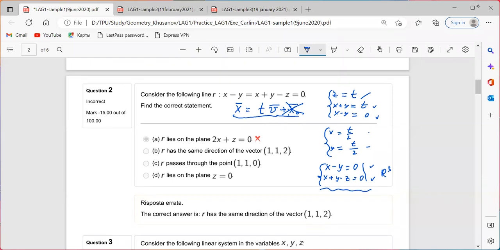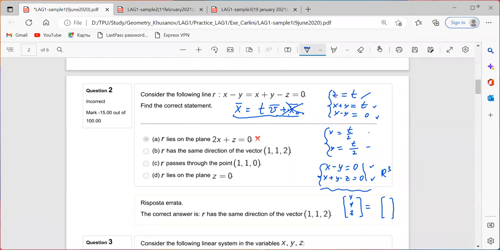Just solution, we can write vector x, y, z as a vector whose x component is t over 2, y component is t over 2, and z component is t.